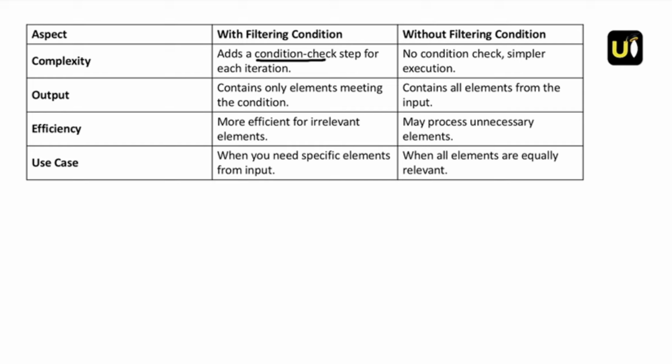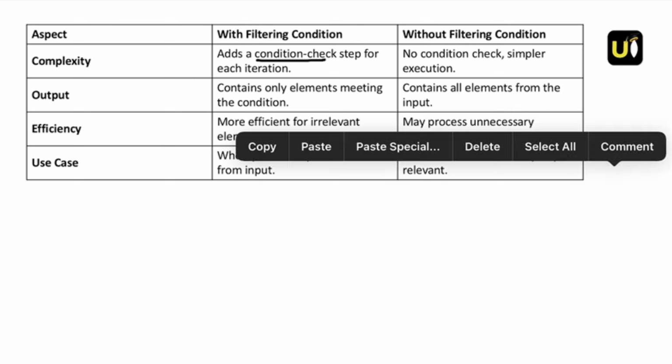Efficiency: with filter is more efficient as irrelevant elements are skipped, and without filter may process unnecessary elements. Use case: when you need specific elements from input, so when you only need to count or sum a part of the entire group, not everyone. And we use without filter when you need to go through every element and check every element.